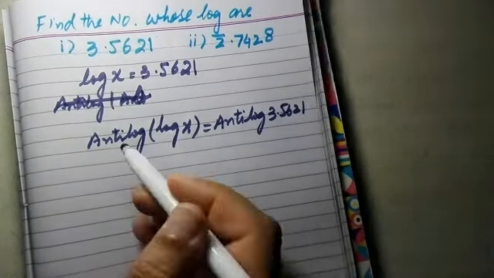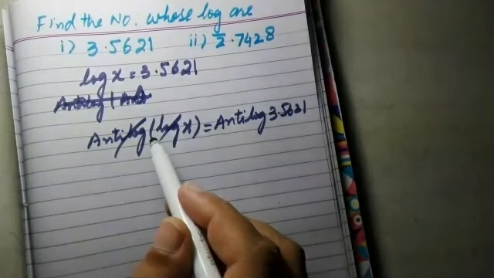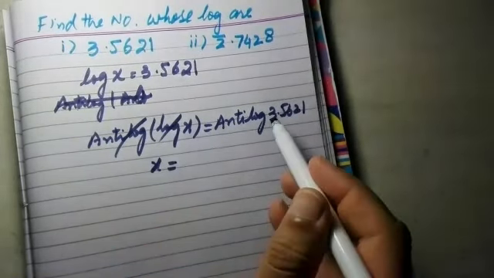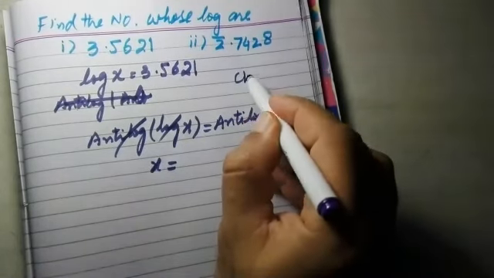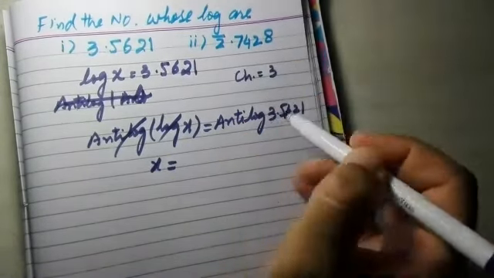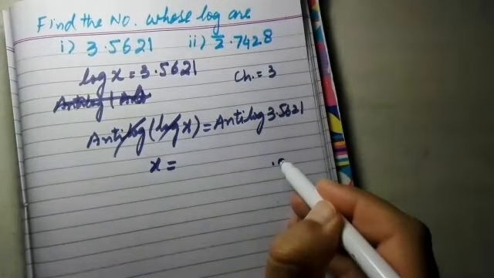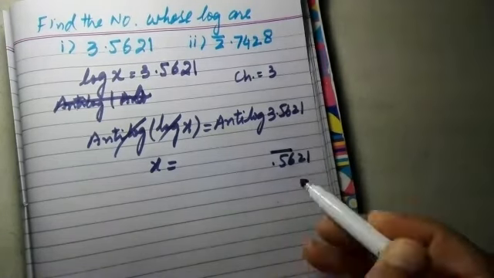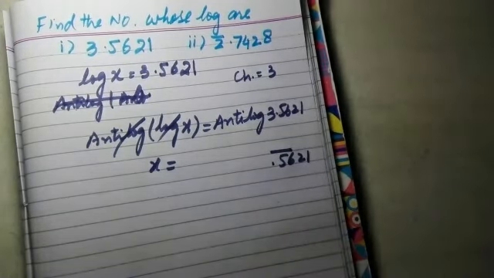I told you earlier, log and antilog will be cancelled. What will you get? x only. And you have to separate the characteristic in the first part, that is 3. We will use it later on. And you will write the mantissa 0.5621 separately, pair up the first two digits, and read the value from the anti-logarithm table: what is written in the column of 2 against 0.56.